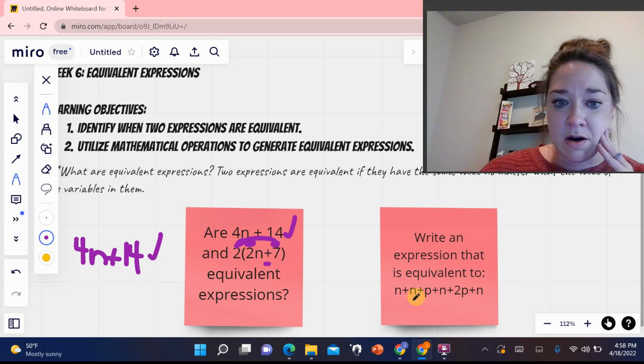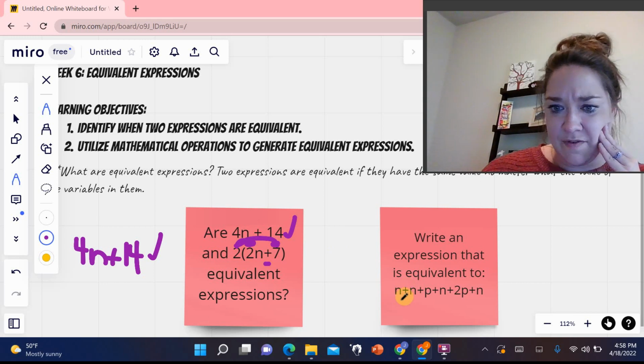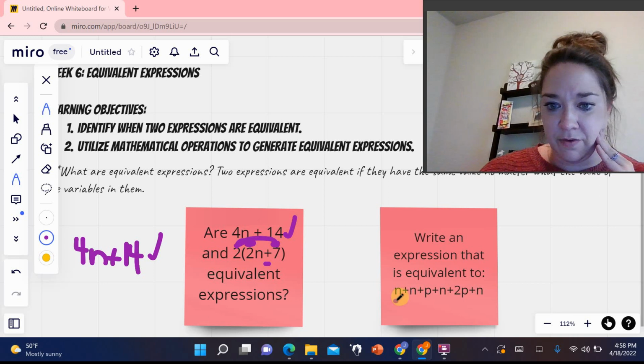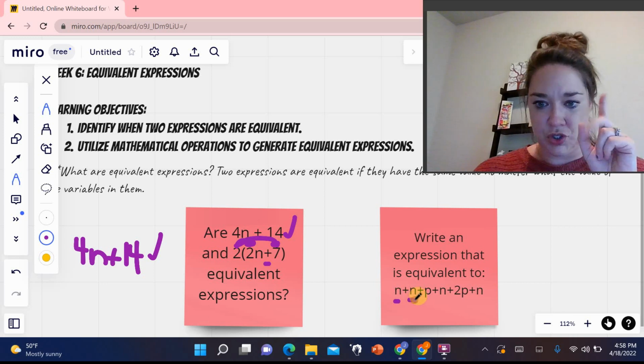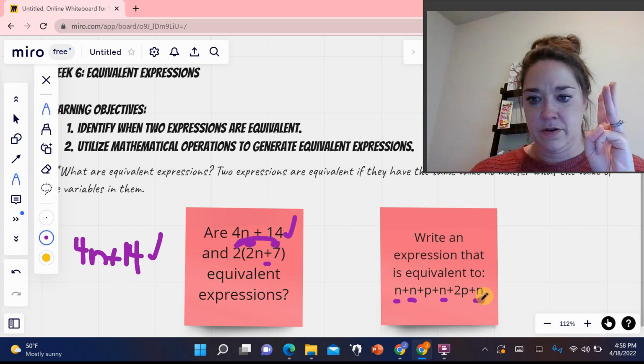So much like on the left side of my screen, instead of writing 4n as 2 times 2n, I wanted to show all those n's together. So that's actually what I'll do first, since I see I have n repeated a couple of times in this expression. So I have 1n, I have 2n's, I have 3n's, I have 4n's.